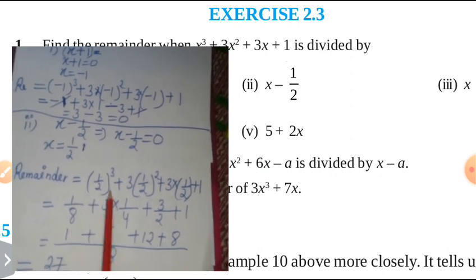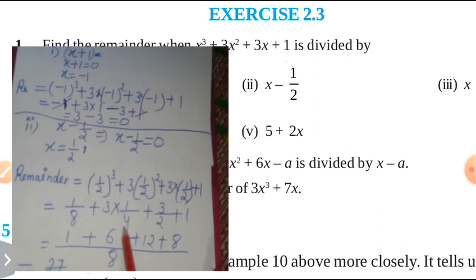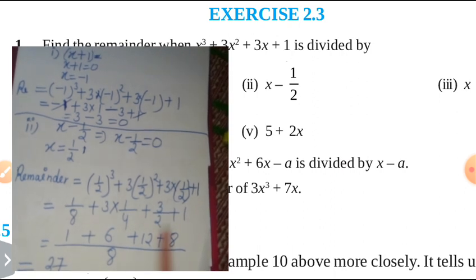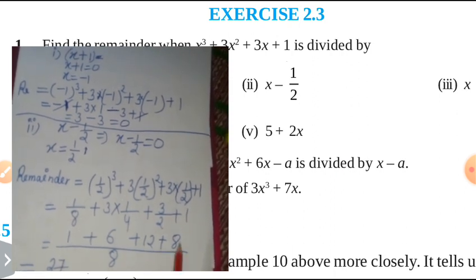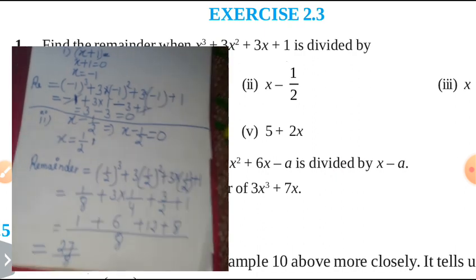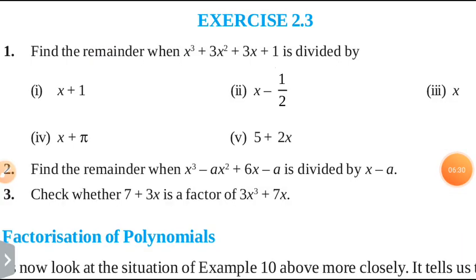That is 1 upon 8, plus 3 into 1 upon 4, which is 3 upon 4, plus 3 upon 2, plus 1. Now you will take the LCM of all these and solve. You will get the answer 27 upon 8. This is the remainder of this polynomial.